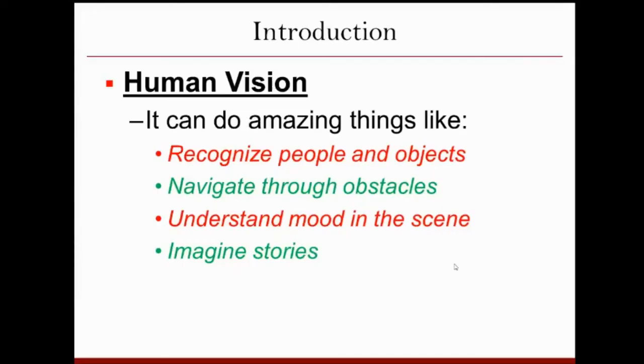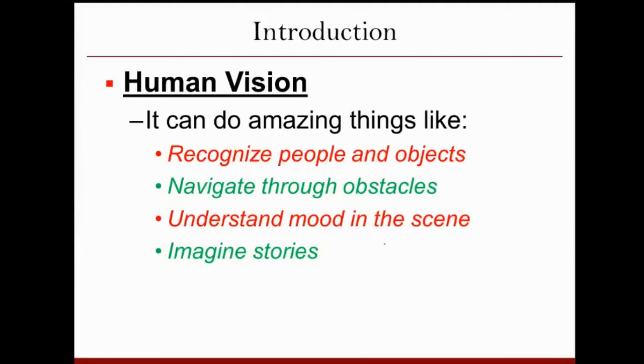In detail, what are the things computer vision does? With human vision, we can recognize people, and we can navigate through obstacles, as I just said. If you have to go out of the room, we see all around and find out which way we should walk. Similarly, we can understand the mood in a scene.